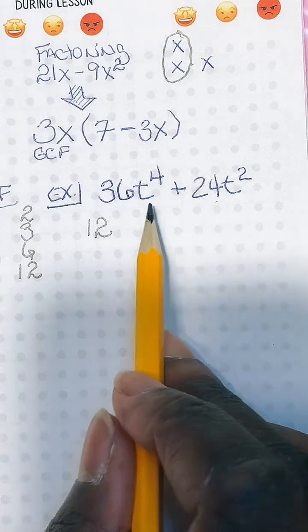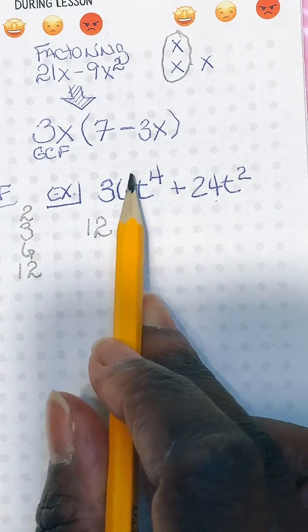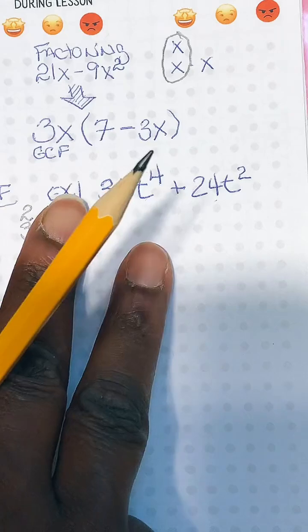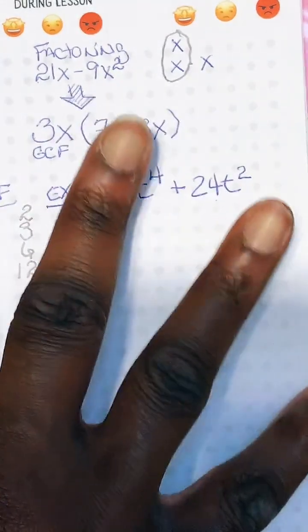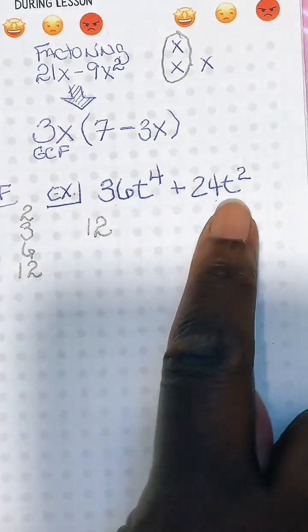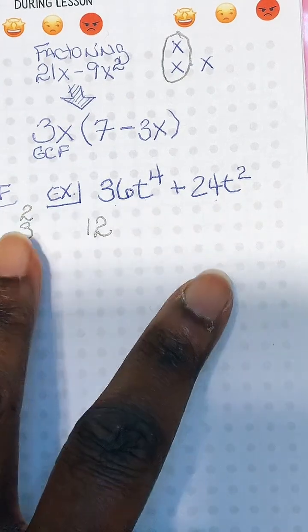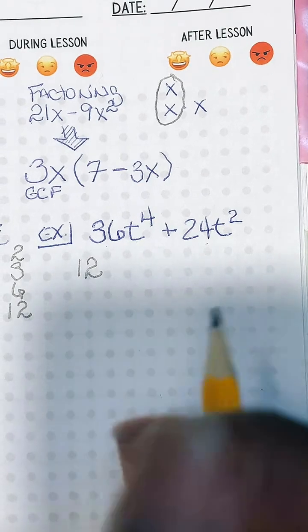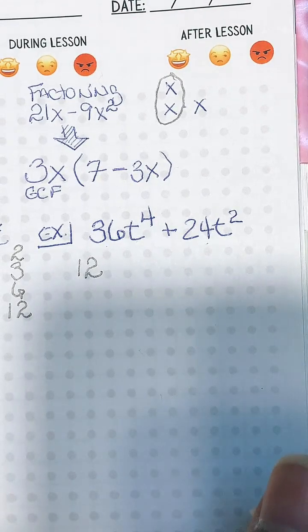All right. So we have 4 t's. T to the 4th power, that means t times t times t times t. So we have 4 of those t's. T squared, that means we have 2 t's. How many t's do we have grouped together? Okay, good.